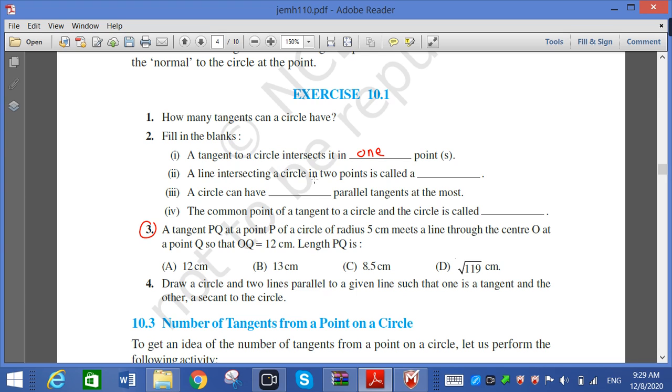A line that intersects a circle in two points is called a secant of the circle. A circle has at most two parallel tangents. The common point of a tangent to a circle and the circle is called the point of contact.